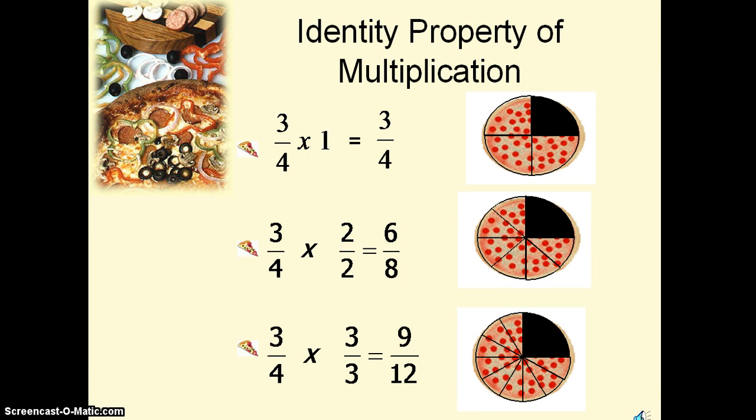This is how we get equivalent fractions: we multiply the original fraction by 1, but instead of just writing 1, we write 1 as a fraction, something over itself.